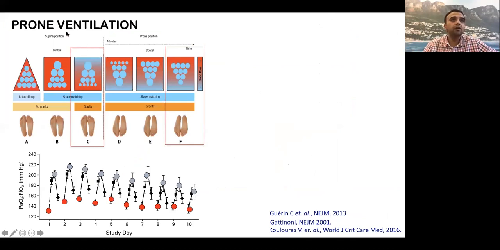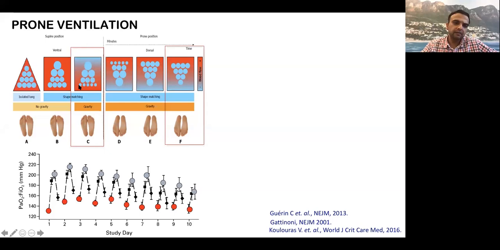So this actually sets a nice stage to come into this new thing. Well, this is a very old concept of prone ventilation, but in the context of COVID-19 it has received renewed energy. The basic concept is, this cartoon up here shows you what happens when you take into account gravity and a person is supine. The dependent part is the back of the lungs, and the top part is the part under the sternum.